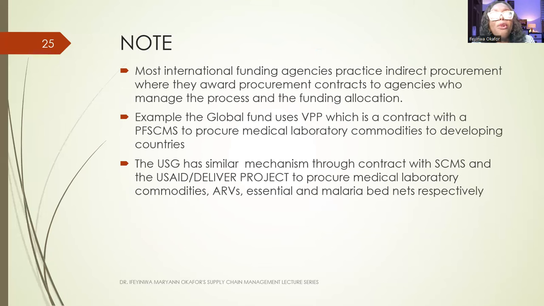Example, the Global Fund uses voluntary pool procurement option, which is a contract with the Partnership for Supply Chain Management System to procure medical laboratory commodities for developing countries. The United States government has a similar mechanism through contract with supply chain management system and the United States Agency for International Development Deliver Project to procure medical laboratory commodities, antiretrovirals, essentials, and malaria bed nets, respectively.